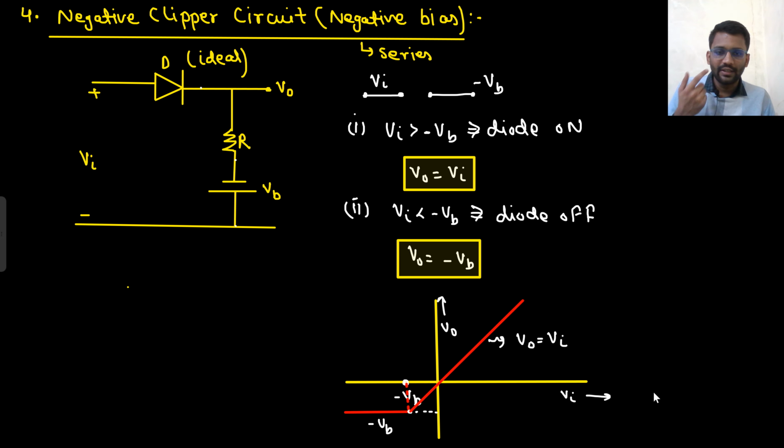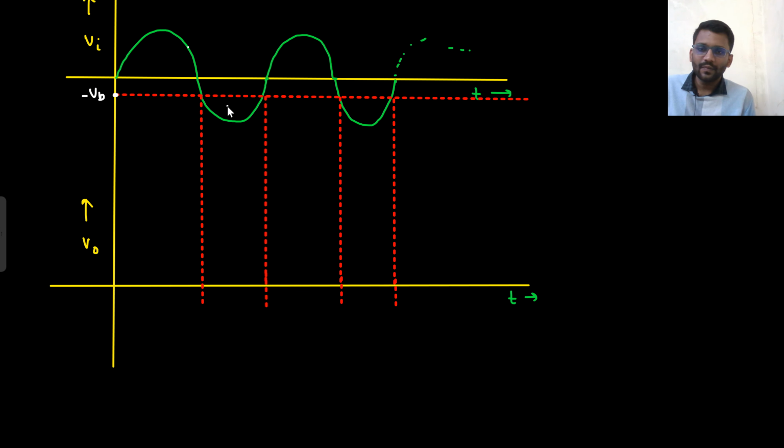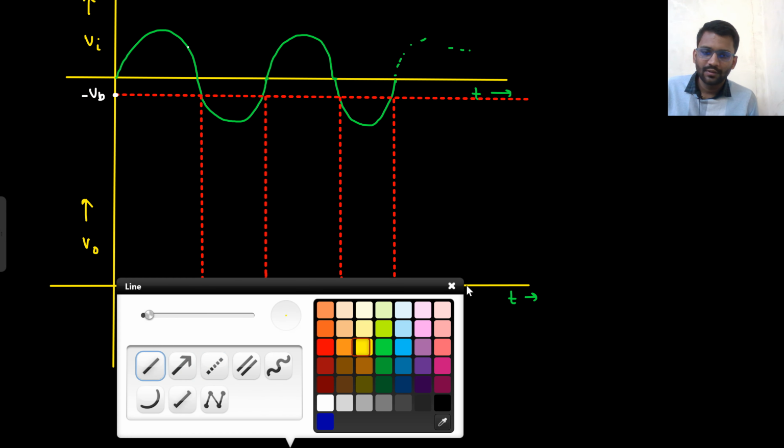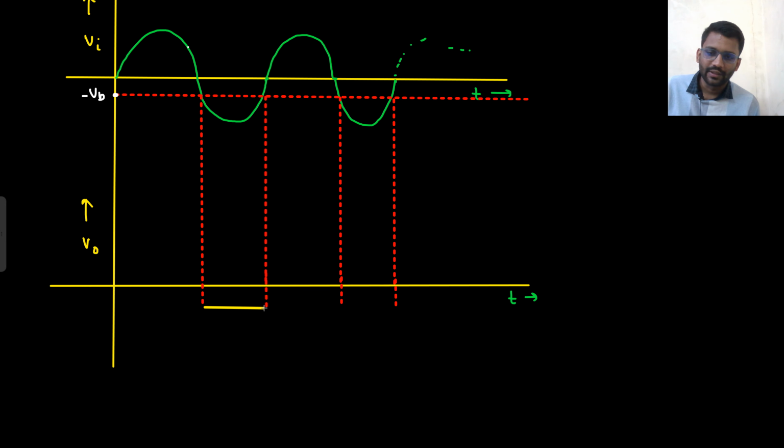So for V in less than minus VB, your output is minus VB only. So for all these values, your output will go to minus VB. Now I will pause the video and make the sinusoid, because it will take time for me to make it.